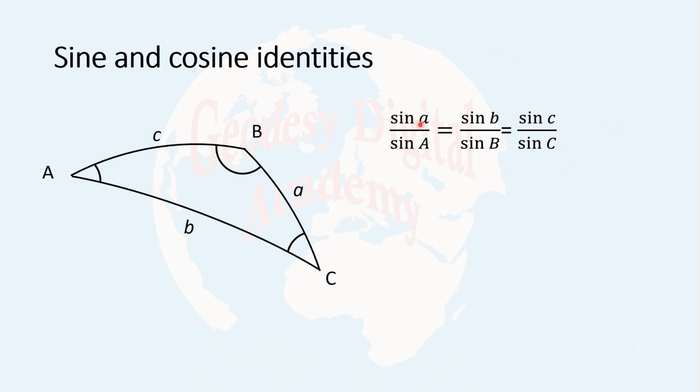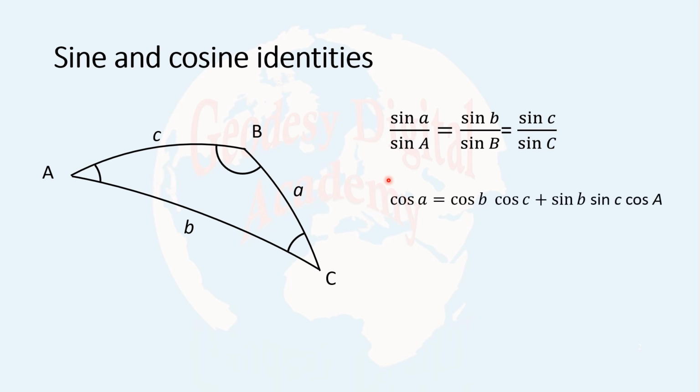Sine of the arc a over the sine of the angle A is equal to the sine of the arc b over the sine of the angle B, which is equal to the sine of the arc c over the sine of the angle C. So this is the sine rule.